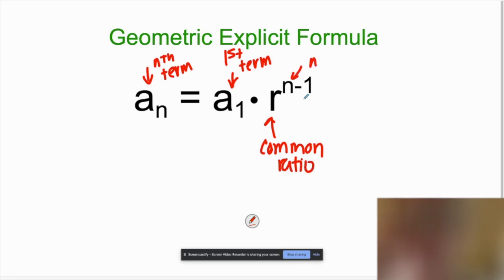And our nth term. Our term number. Same meanings for each variable like it was yesterday. Again, pause it if you need more time.